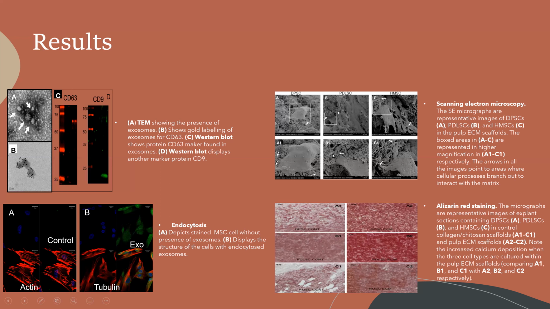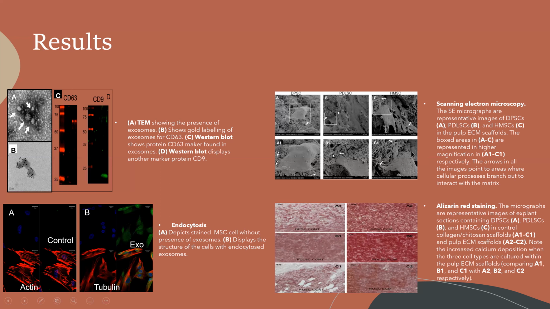And to the top right, this is SEM imaging, which was performed to study the ultrastructural characteristics of cells grown within the dental pulp ECM scaffold. Results in the figure on the top right show a pronounced cell matrix interaction of the 3 cell types with the pulp ECM scaffold.